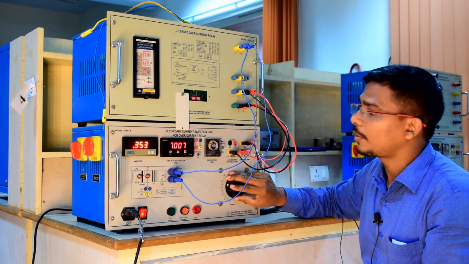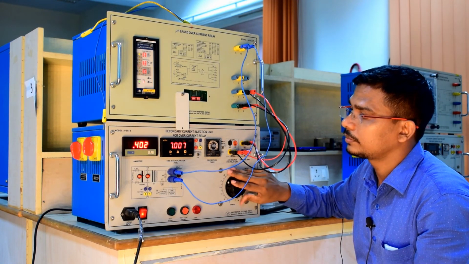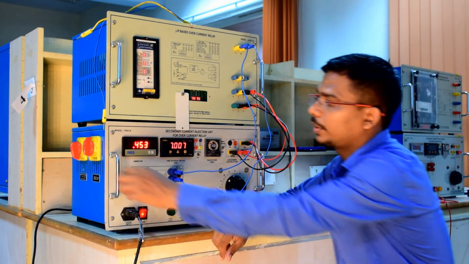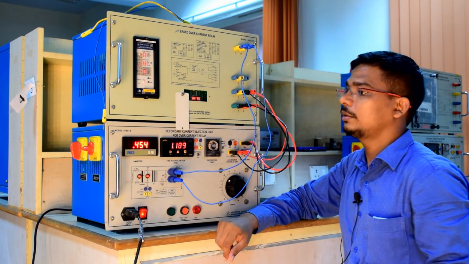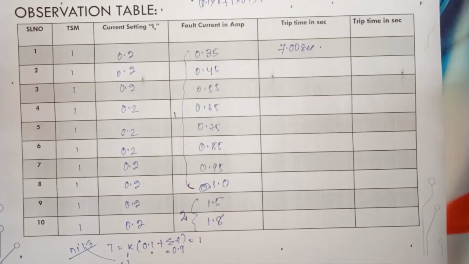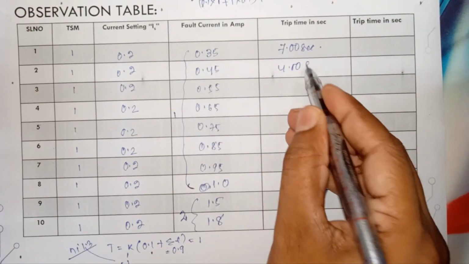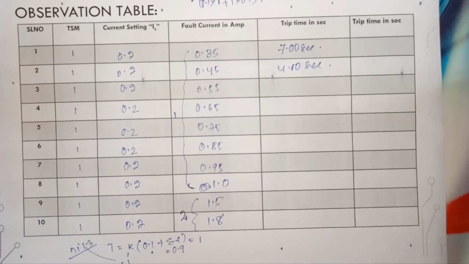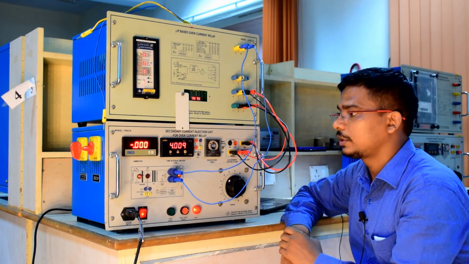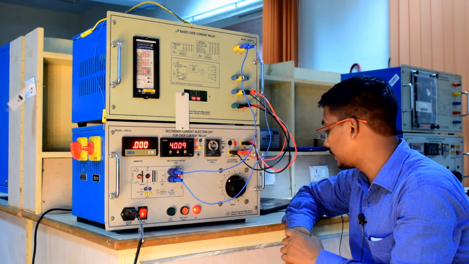Right now we just have to apply 0.45. So 0.45, then we apply the current. It gave 4.00 seconds as the trip time for 0.45 current.